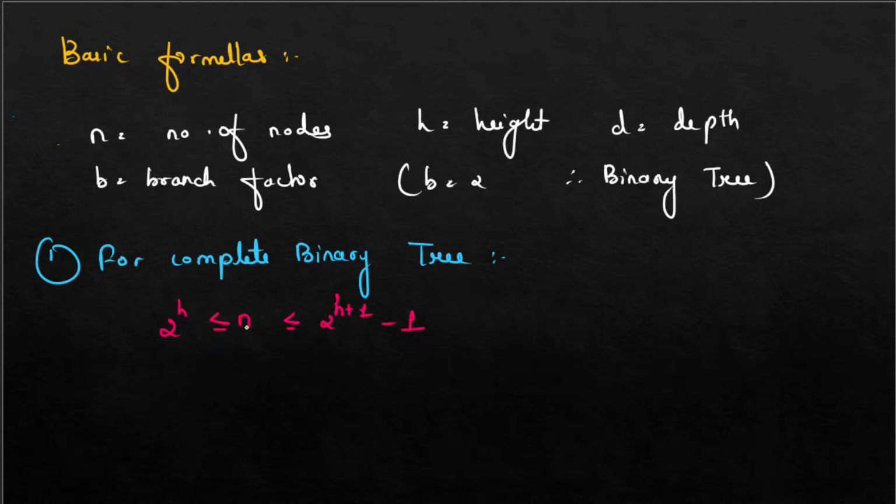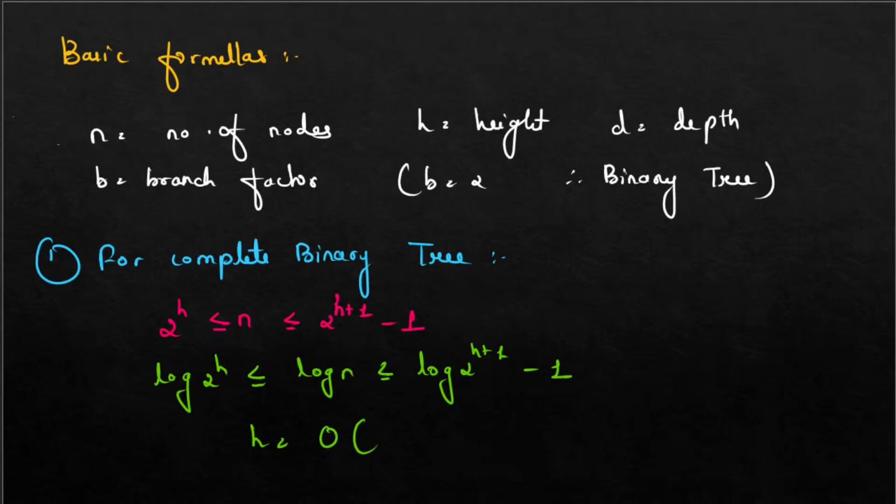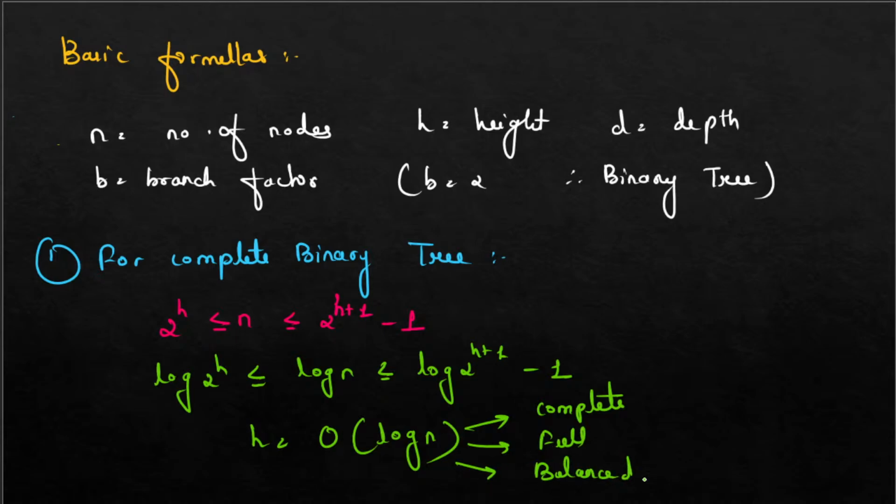Now if we take log on both sides, it will be h less than or equal to log n less than or equal to log of 2 to the power h plus 1 minus 1. Okay, and h equals to big O of log n. Big O of log n is for complete binary tree. This is for full binary tree and also for balanced binary tree. Everything it will work. And otherwise, I am writing here, otherwise it will be big O of n.